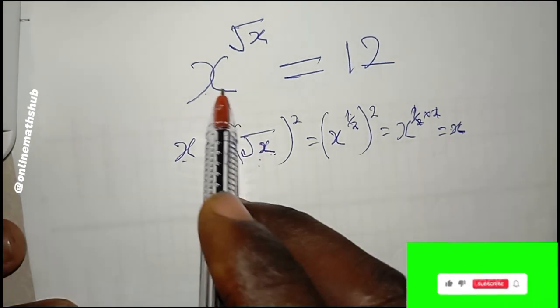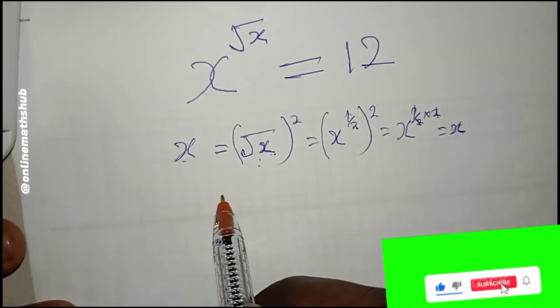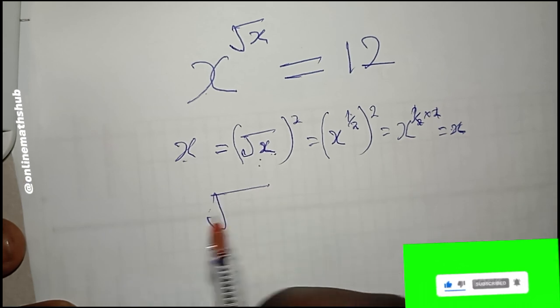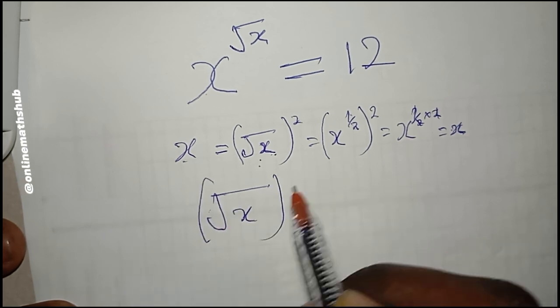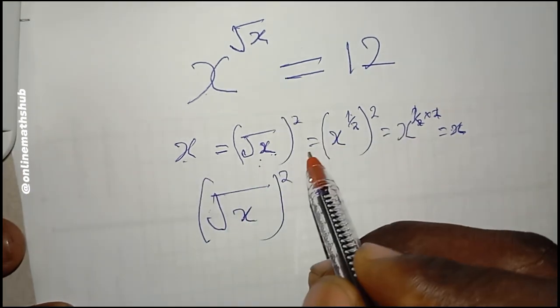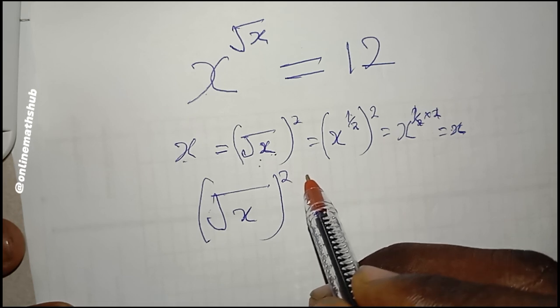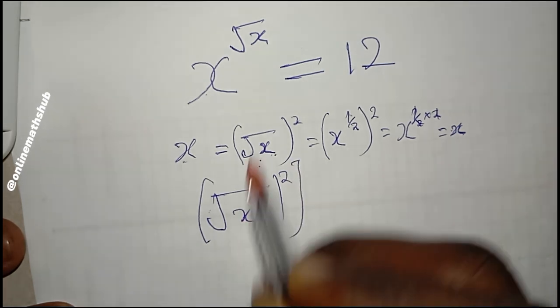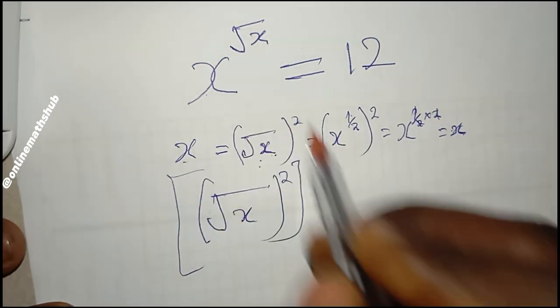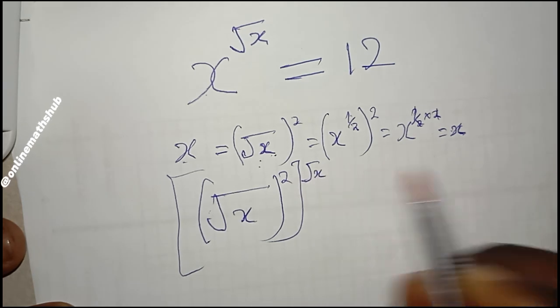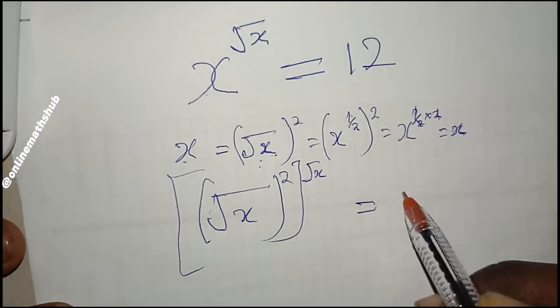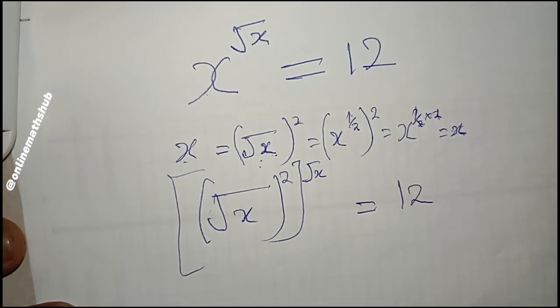If I do that, my equation now changes to root x, power 2, and then raised to power this root x right here, and it's equal to 12.